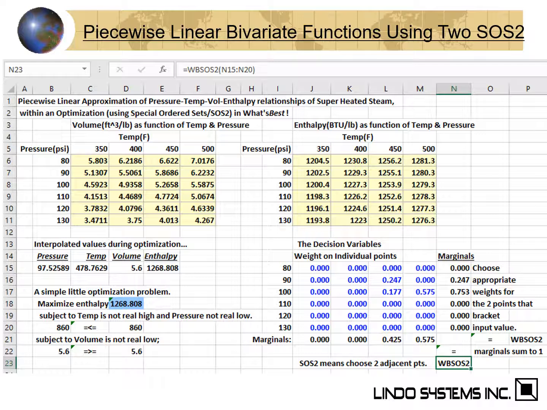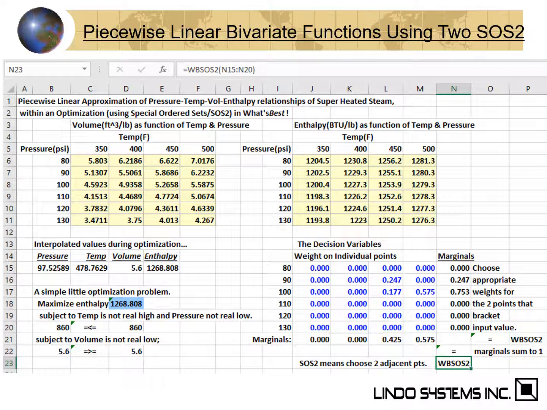Enthalpy as a function of pressure is not quite as intuitive. You can see, in fact, that the enthalpy actually goes down if you're holding the temperature constant and the pressure is increasing. This is not quite as intuitive, but that's what's going on.